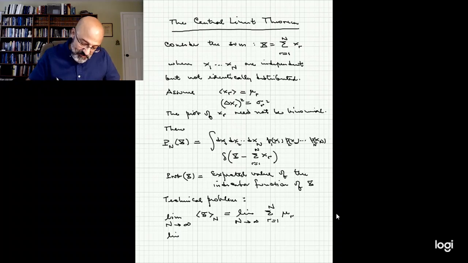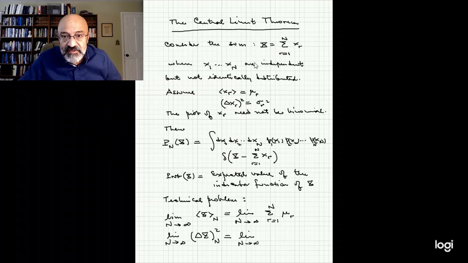Similarly, the limit as n goes to infinity of the variance of x, for given n, is going to be the limit as n goes to infinity. Now remember, these are independent variables.